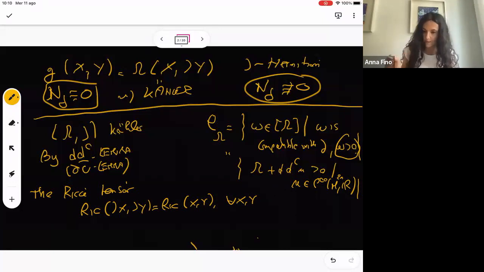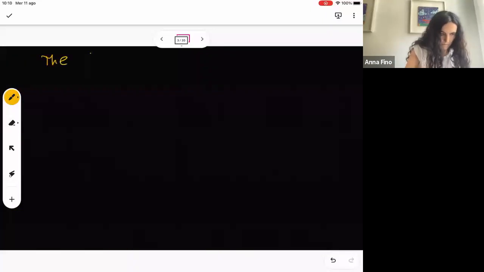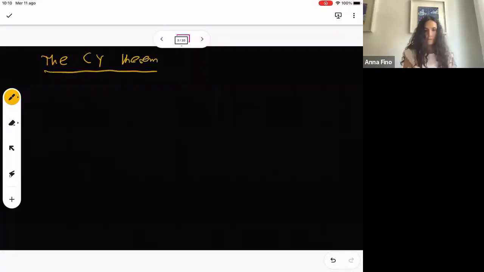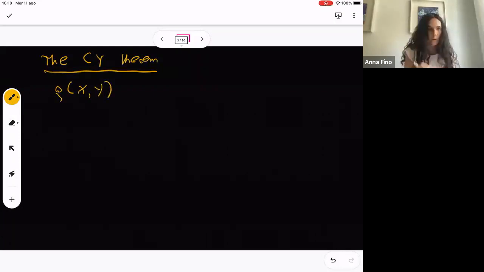Let's formulate the Calabi-Yau theorem. First the general version, then we will see how to get the second version. We consider the Ricci form, which I denote by rho(x, y). This is the Ricci form of the Levi-Civita connection in this case, and we have rho(x, y) = Ricci(Jx, y) for the convention that we are using.